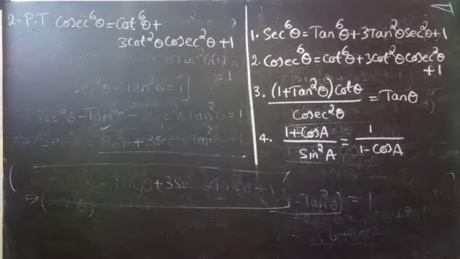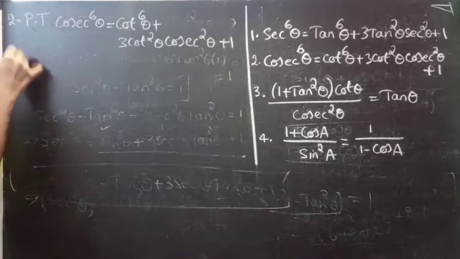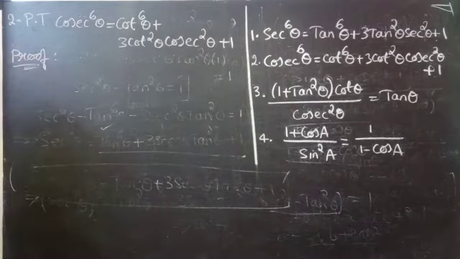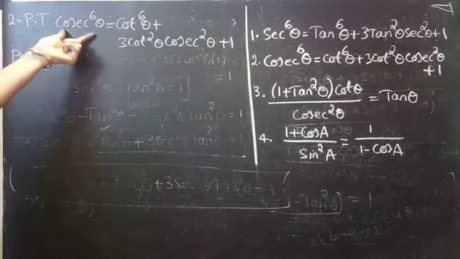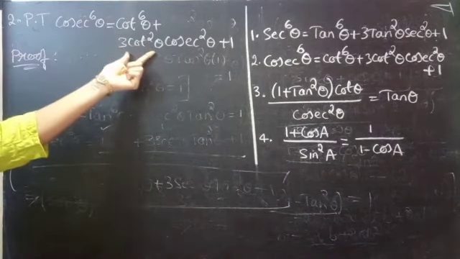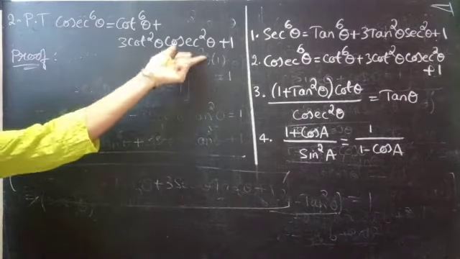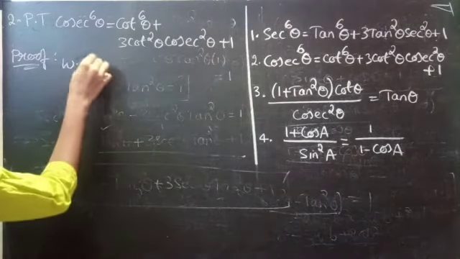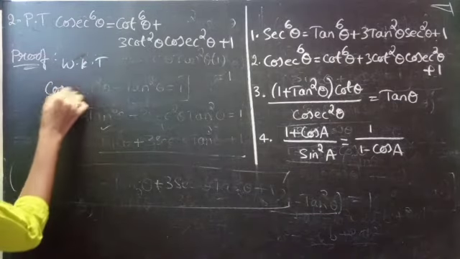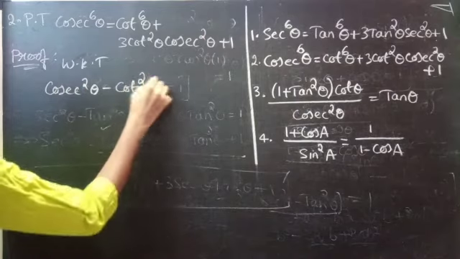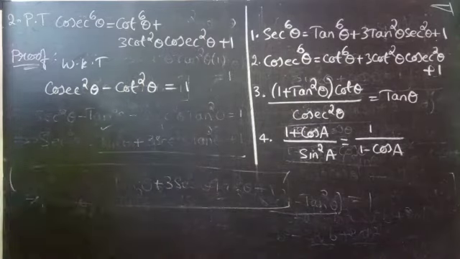Now coming to the second identity, we have to prove that cosecant power 6 theta equals to cot power 6 theta plus 3 cot square theta into cosecant square theta plus 1. Okay. So we know that cosecant square theta minus cot square theta equals to 1.